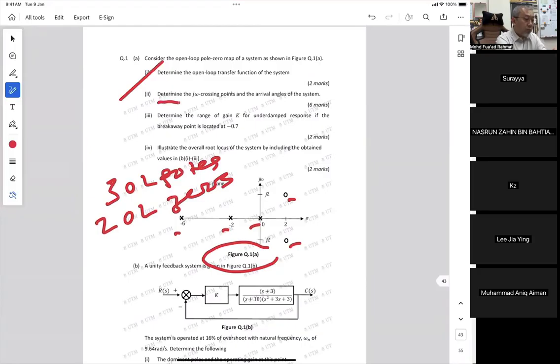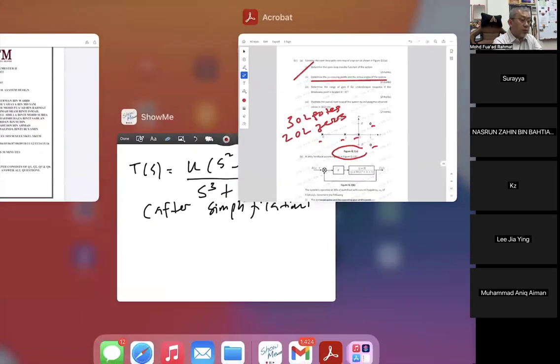Determine the j omega crossing points and the arrival angle of the system. So in order to find the j omega crossing, okay, we have to do the Routh-Hurwitz at this stage.